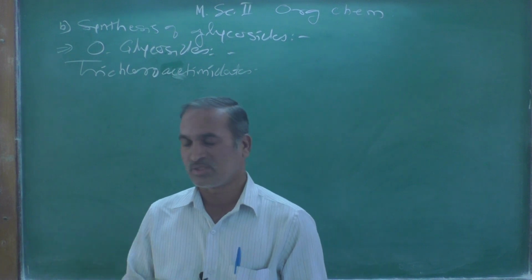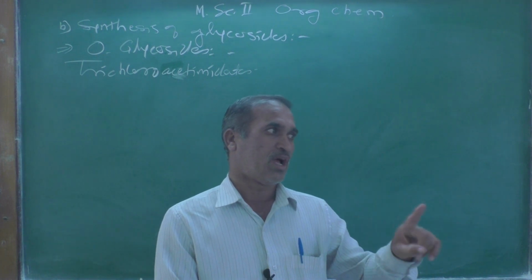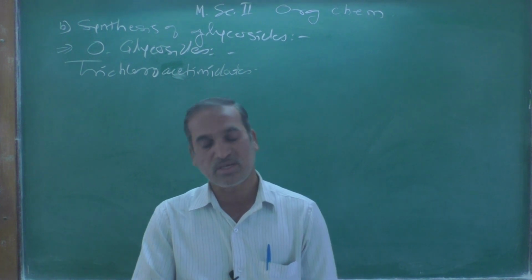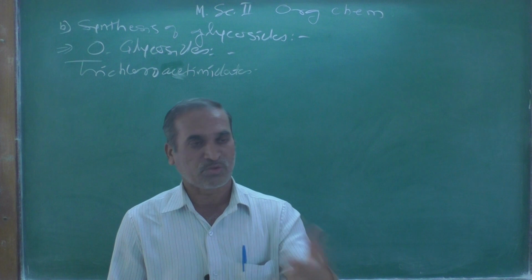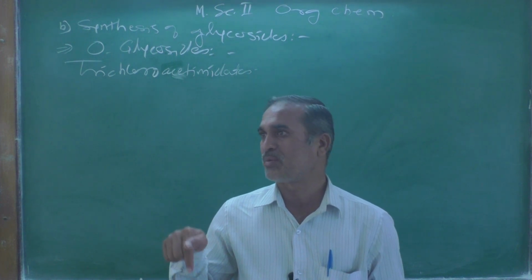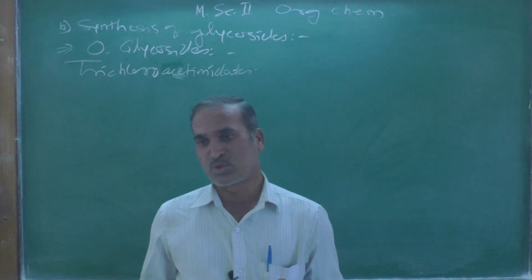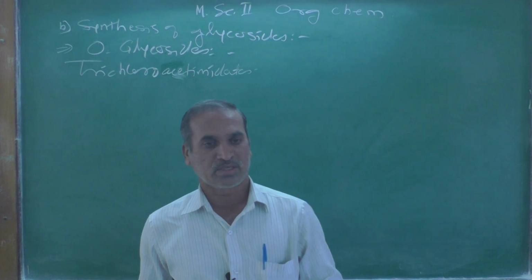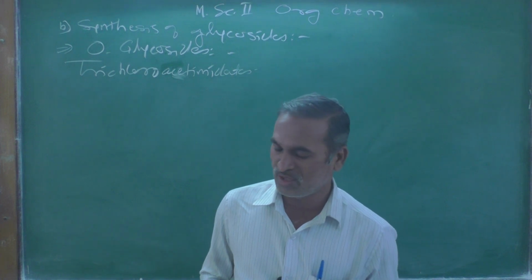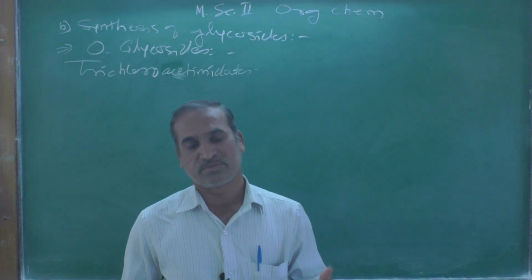Sometimes in some books it is referred to as the anomeric hydroxyl group at 2 position, or sometimes it is referred to as 1, because if you consider the heteroatom as 1, then carbon comes as number 2. If you start from the anomeric carbon and refer to it as 1, that is the carbonyl carbon.